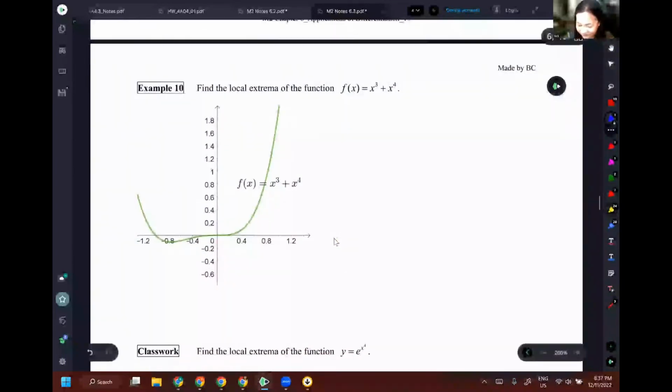Example 10. Find the local extrema. Extrema means maximum and minimum. I'll do the first derivative, and I'll do the second derivative.